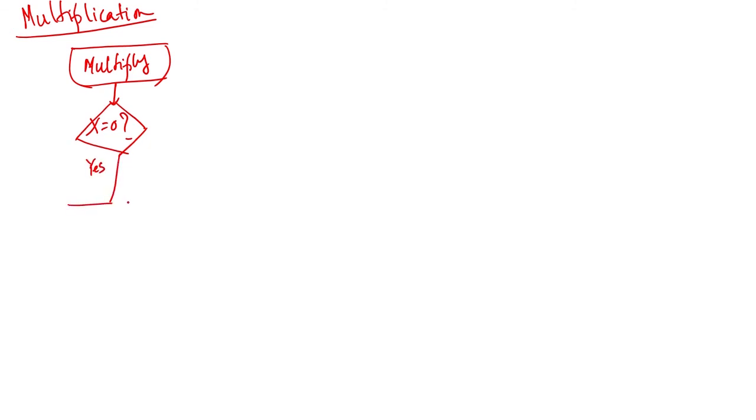Okay. Let us say we want to multiply x into y. There may be a chance that one of them is 0, then the result will be 0. So, is x 0? If yes, then z is 0.